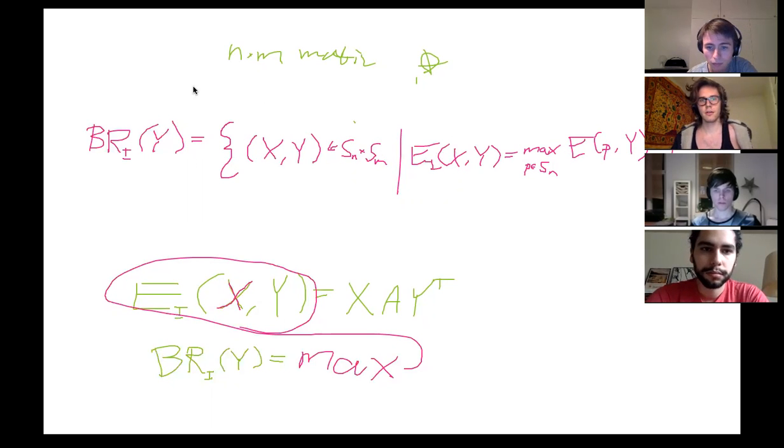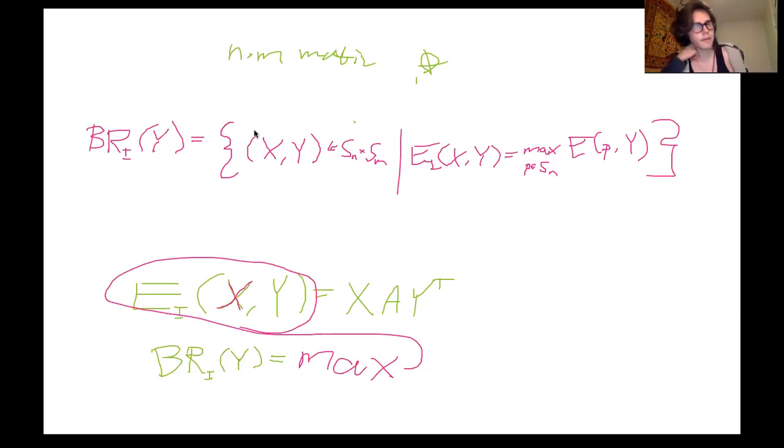So the best response for player 1, given a particular strategy of player 2, are all of the strategies for player 1 that are actually the best in this scenario. Why is it the strategy of player 2? Because we already know that. No, we don't know it, but given a particular strategy of player 2, this is our best response to it.